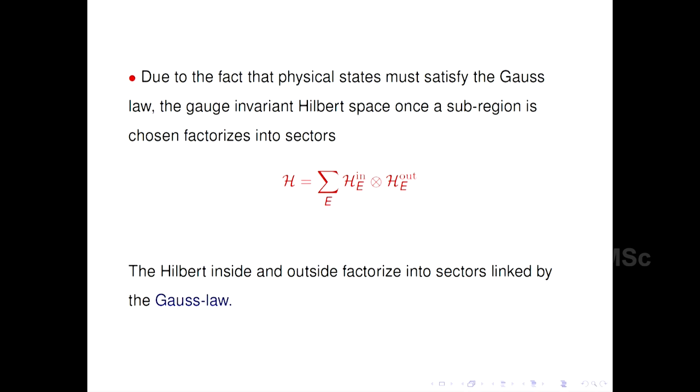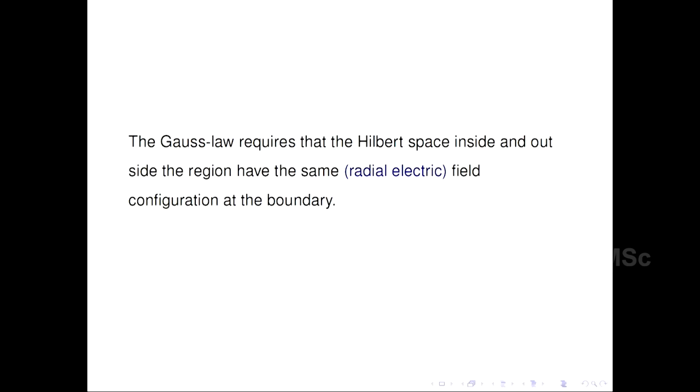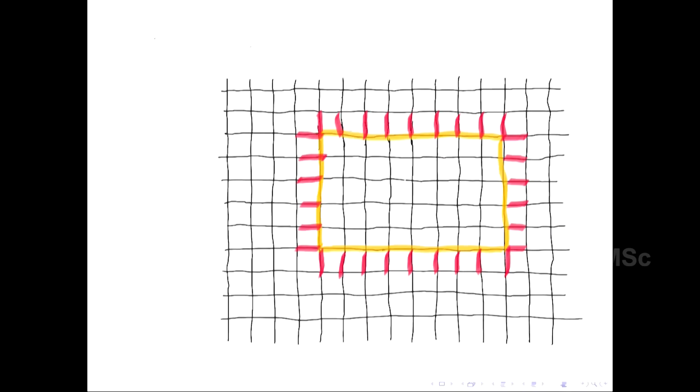And the inside and outside Hilbert spaces run over the sectors actually. The Gauss law requires the radial electric field to be identical inside and outside. Let me go to this explicitly. Here is a picture of the radial electric field, and the electric field configurations should be matched inside and outside.